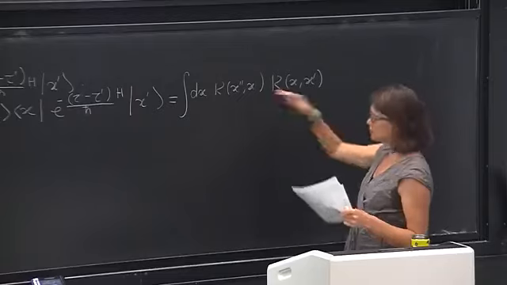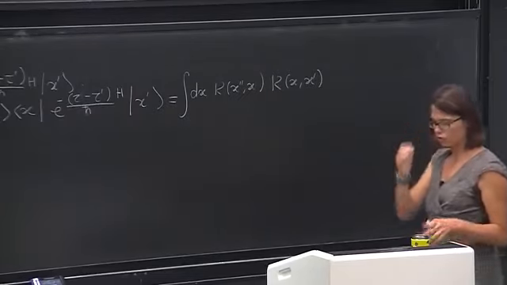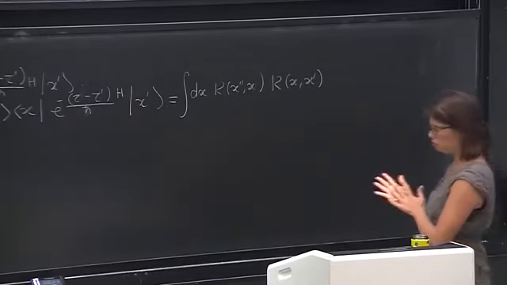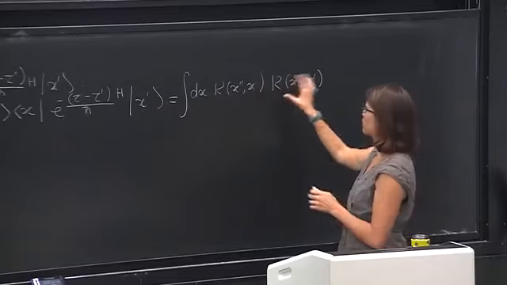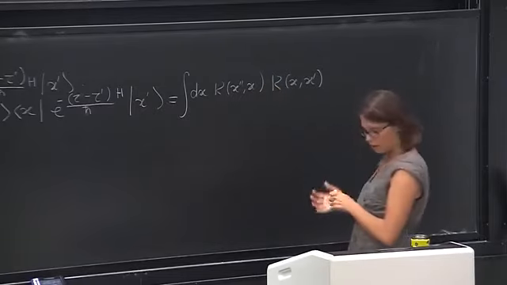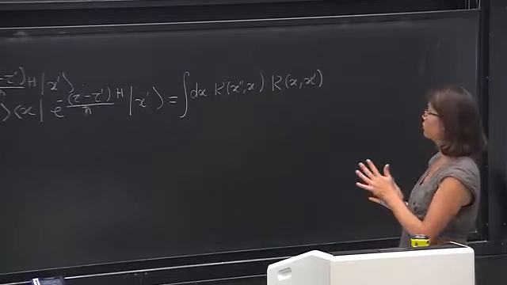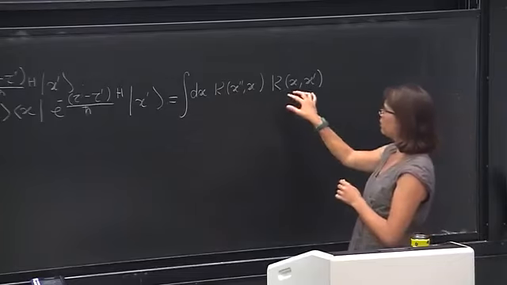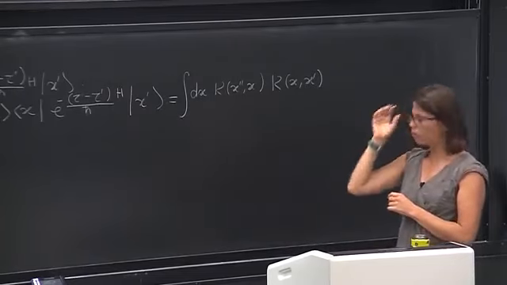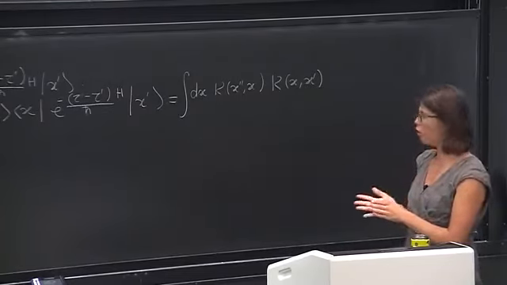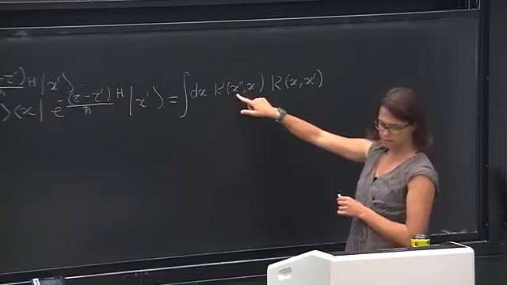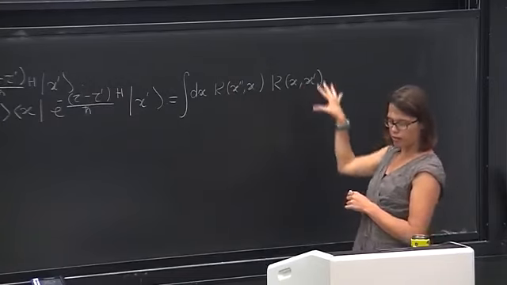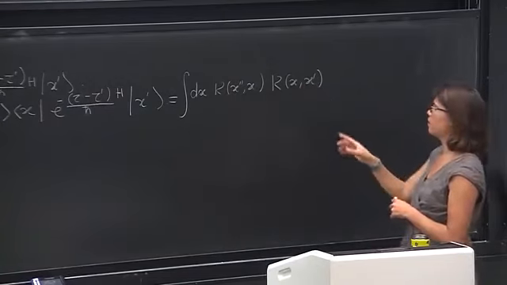This is a kind of quantum mechanical rule for how you combine amplitudes. But what does it mean? How do you interpret this? You know that a particle propagating from x prime to x double prime must be somewhere at an intermediate time tau.